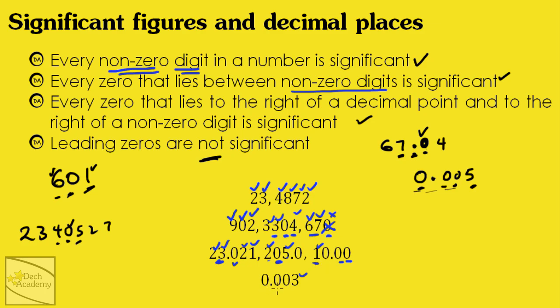In 0.003, 3 is significant, as I said earlier, but these zeros are not significant because they are leading zeros. These are the zeros that precede the first non-zero digit when you look at a number from left to right. So these are not significant. The 0 here is significant.